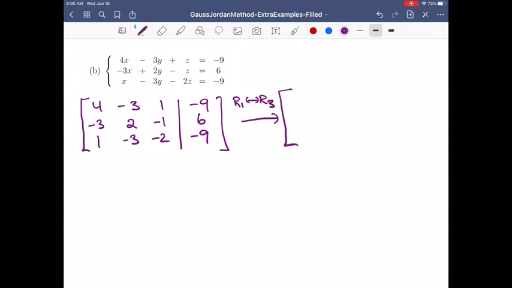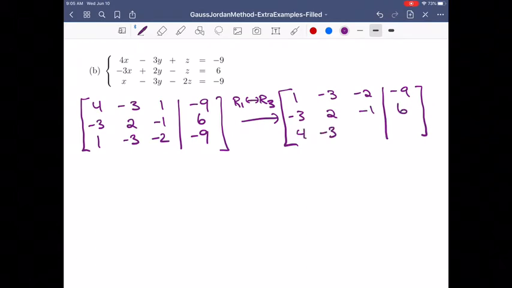So I'm going to switch row 1 and row 3. I could have done this right away if I'd noticed. So 4, -3, 1, -9. So I'm pivoting here.